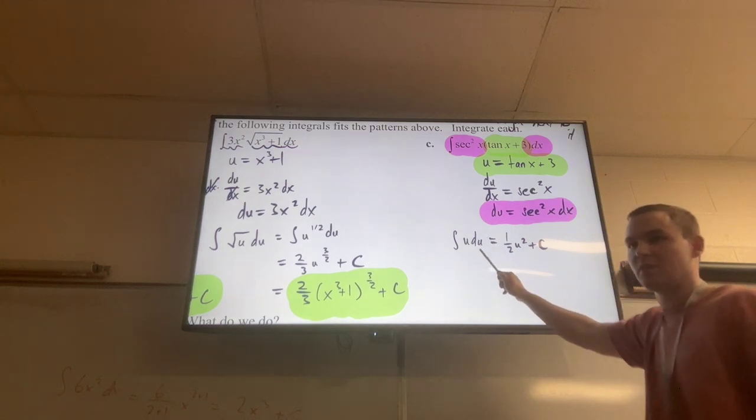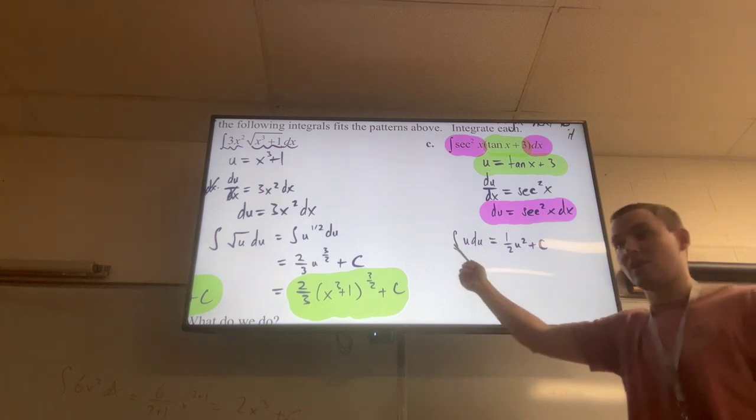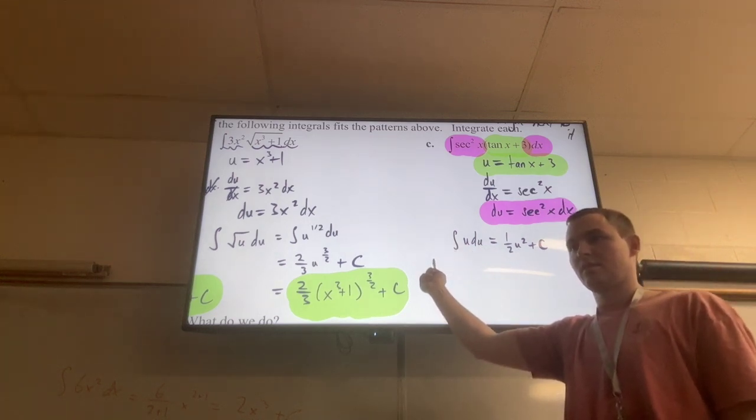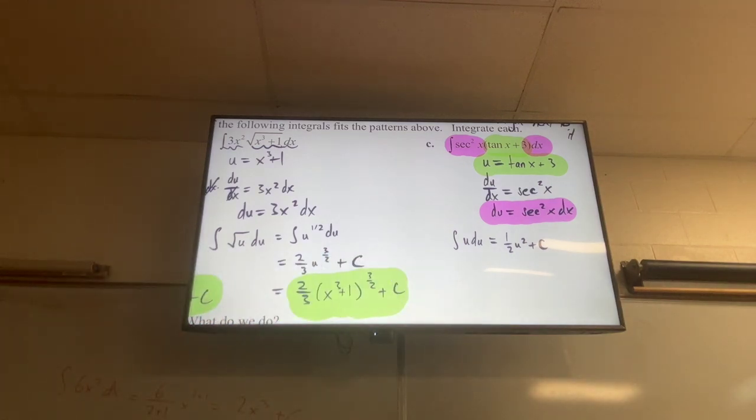It tells us what our variable of integration is. So it's mathematically incorrect to do the integral of u dx. The answer to that would be u times the integral of dx, which would be ux plus c. The integral of u du would be 1/2 u squared plus c.